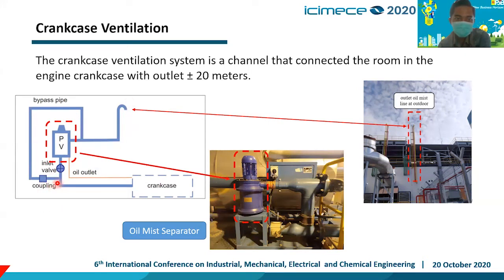And the second is the inlet valve through, you can see here, the oil mist separator, whose function is to reduce the moisture of the oil, and then the good oil will come back through the oil outlet, back to the crankcase or oil sump. And then after the oil mist, the ventilation goes out to the atmosphere.